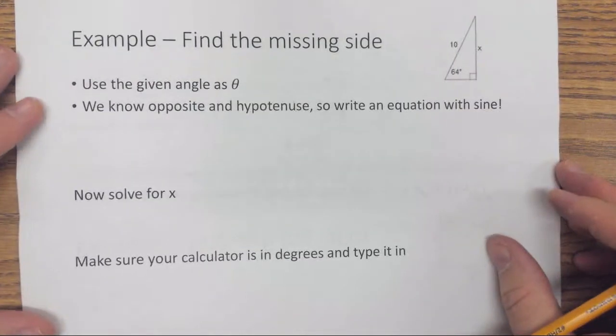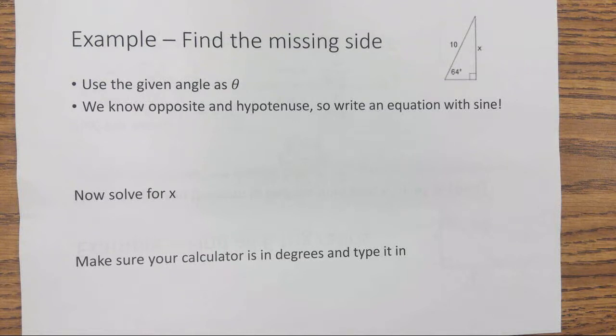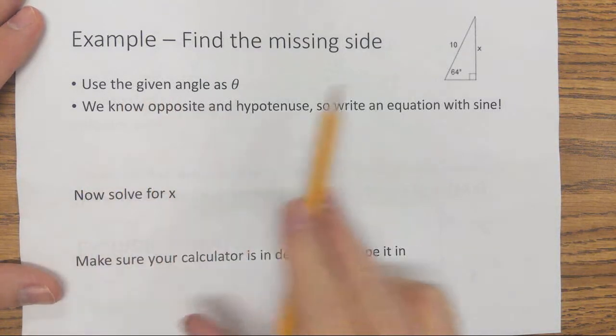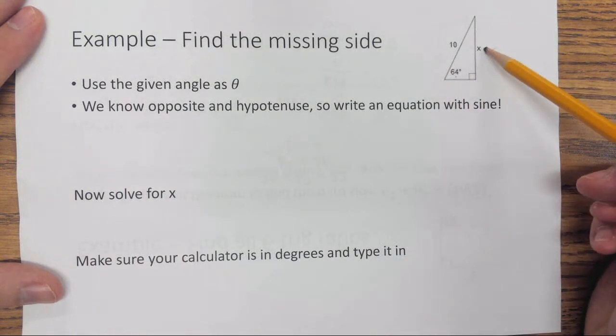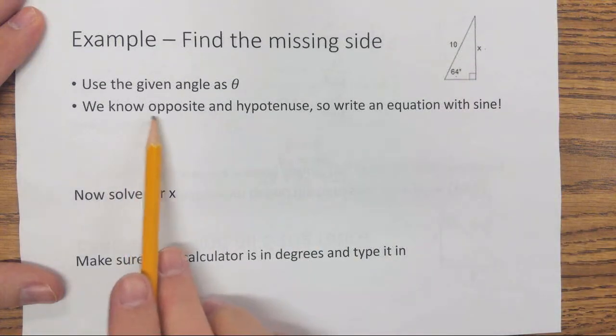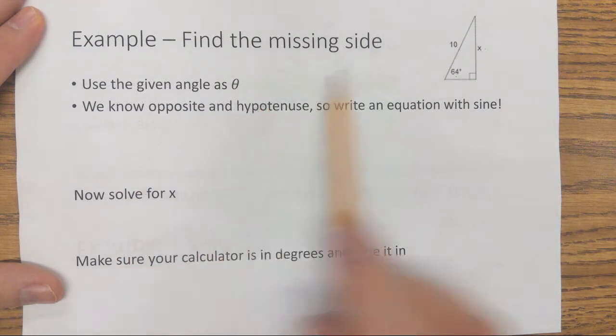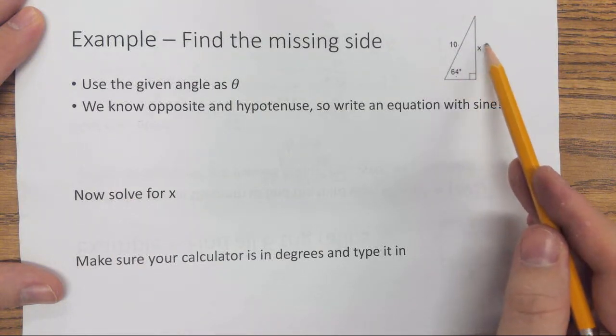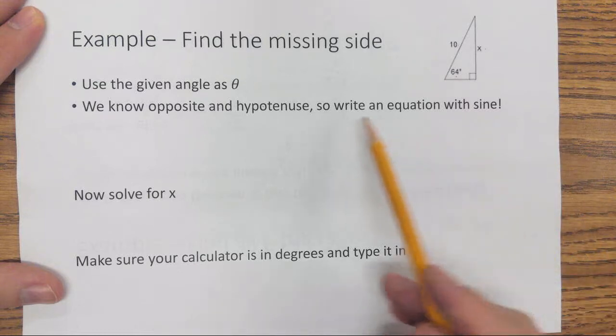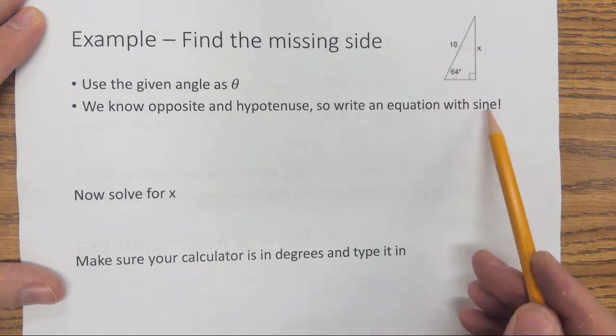Okay. Here's some stuff you should know already. Should be review for you from geometry. We're going to use the given angle to find the side of the triangle. We know the opposite and the hypotenuse. The opposite side is x. That's the side we're looking for. Hypotenuse is 10. So we're going to use sine.